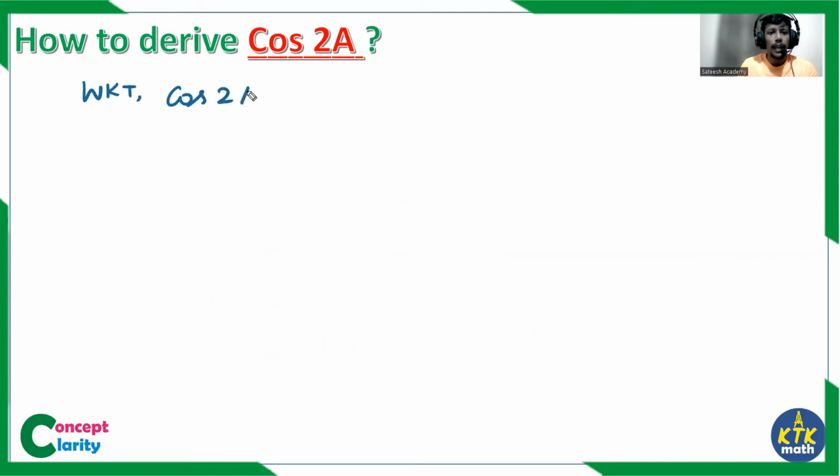Cos 2A is equal to cos square A minus sin square A. I am just using the equation 1 from the previous point. Now I can divide this by just some 1. This applies exactly the same as what I have done with the sin 2A to bring the answer in terms of tan, right? I am just applying the same concept here.